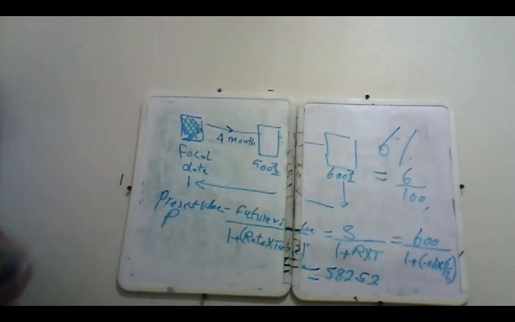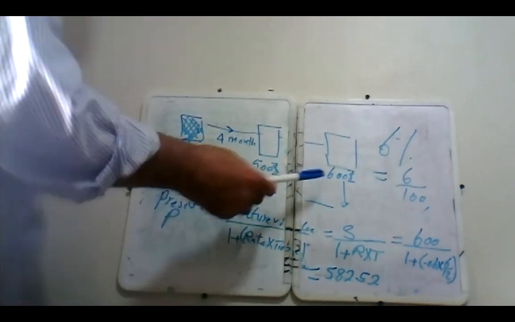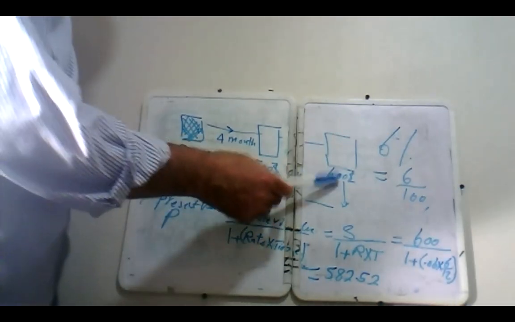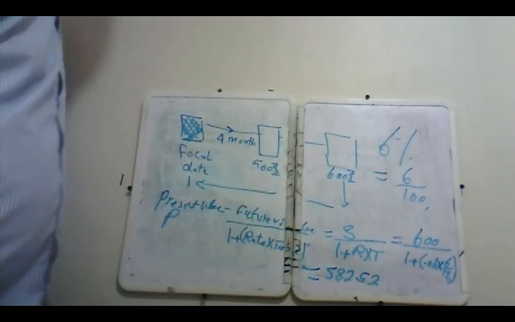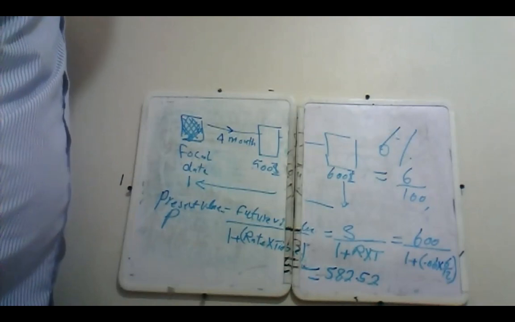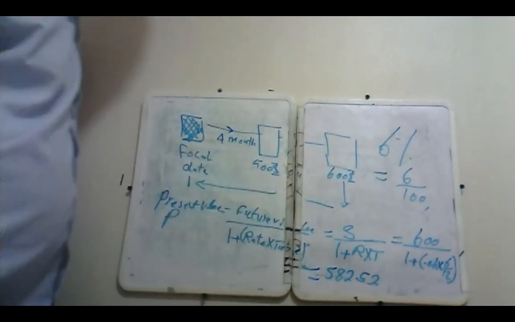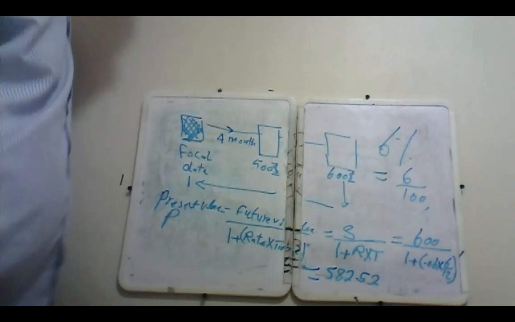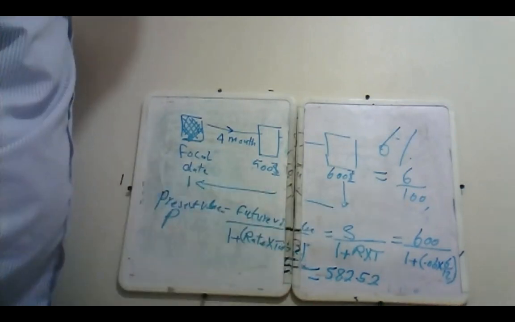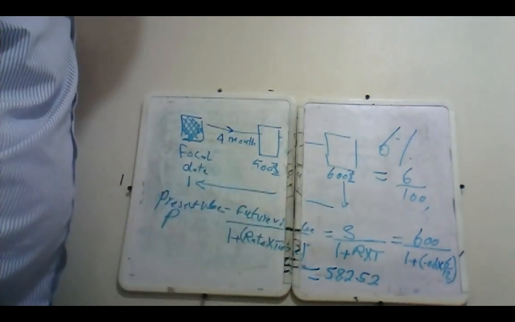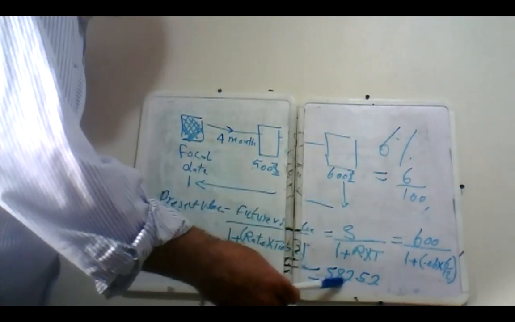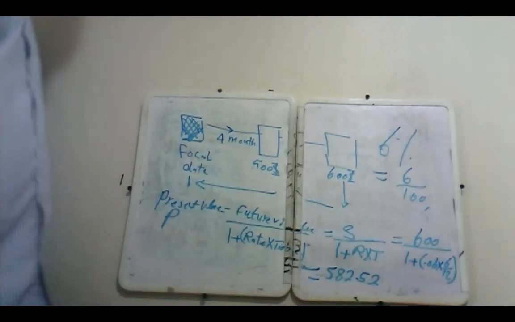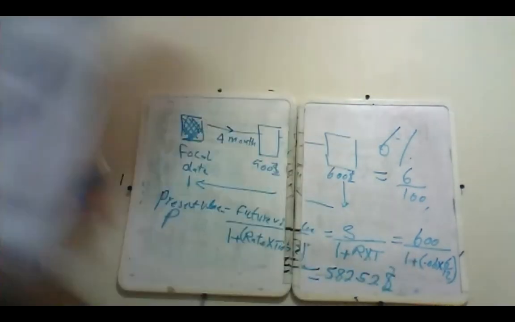If I pay now, I owe you $600 after 6 months, and I just want to pay right away, now. I don't want to wait another 6 months to pay the money. So how much should I pay now? If I pay now, I will pay only $582.52.